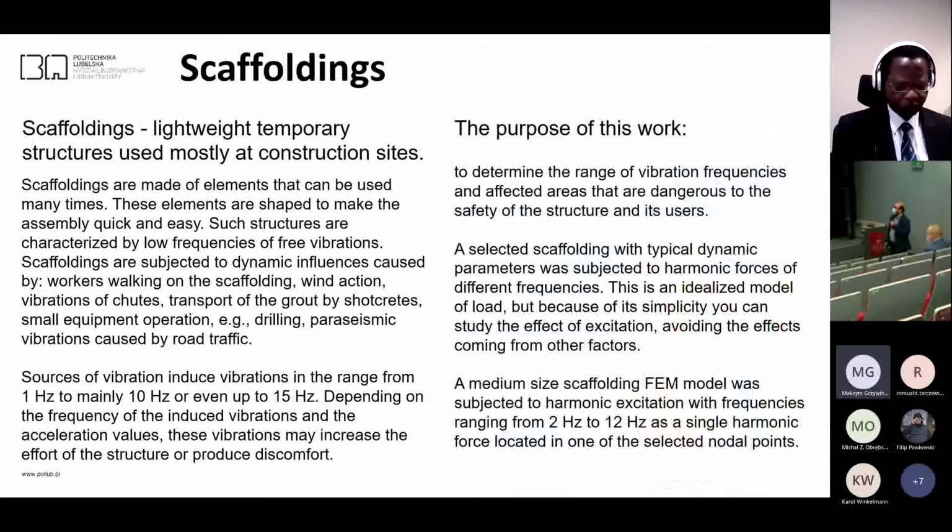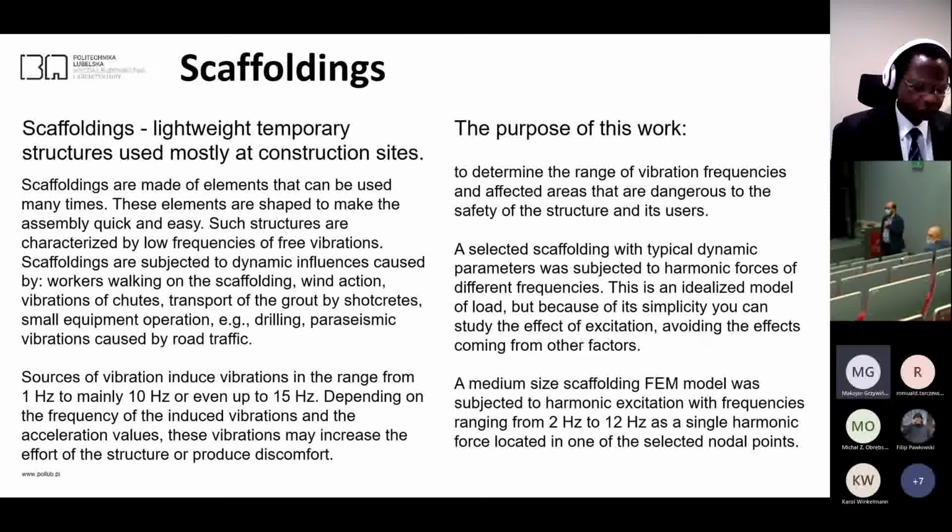The purpose of this analysis was to find out which frequencies mostly affect the scaffolding and what areas are affected by the vibrations, and to get the easiest analysis to find out the results. We have decided to use an excitation force of sinusoidal harmonic character.